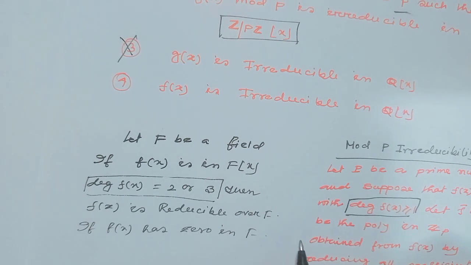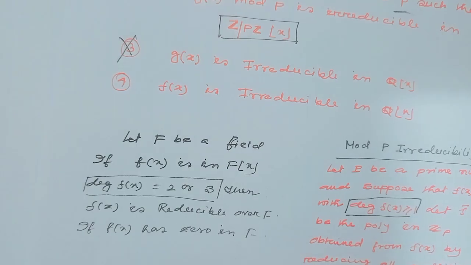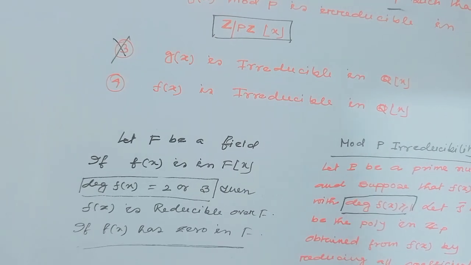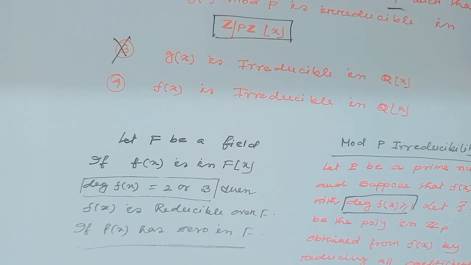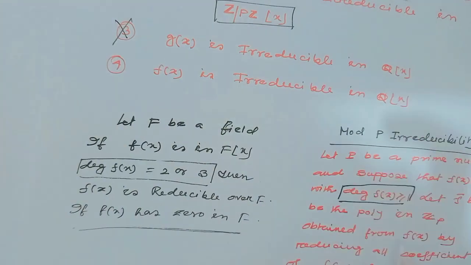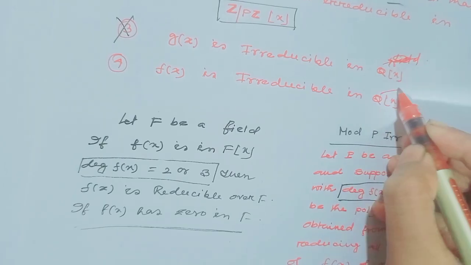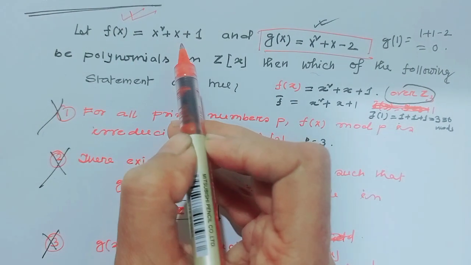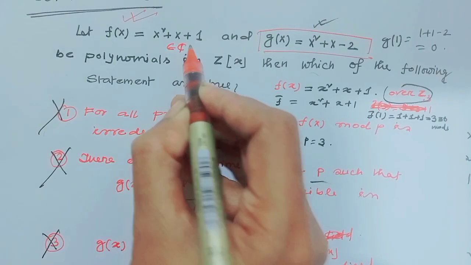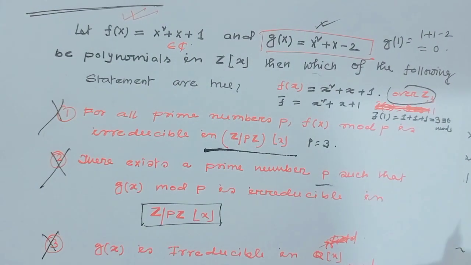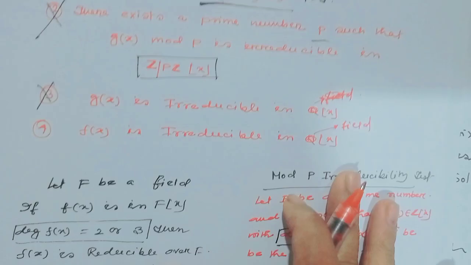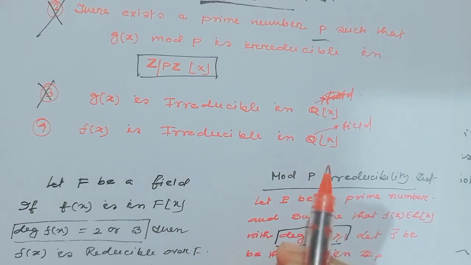Then f(x) is reducible over F if f(x) has a zero in F. If f(x) has a zero in the field, then always f(x) is reducible over F. Since Q is a field and here f is a second degree polynomial and its roots belong to the complex numbers, it has no root in Q. So f(x) is irreducible in Q[x].